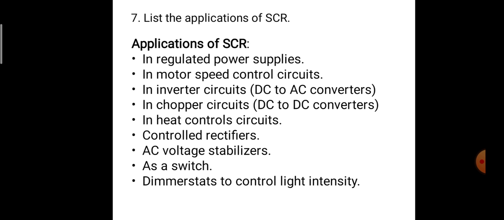SCR can be used in regulated power supplies, in motor speed control circuits, in inverter circuits, that is DC to AC converters, in chopper circuits, that is DC to DC converters, in heat control circuits, controlled rectifiers, AC voltage stabilizers, as a switch, and in dimmer starts to control light intensity.